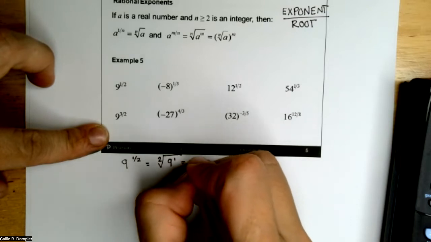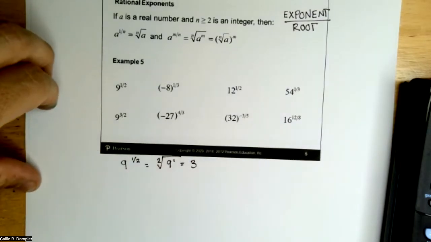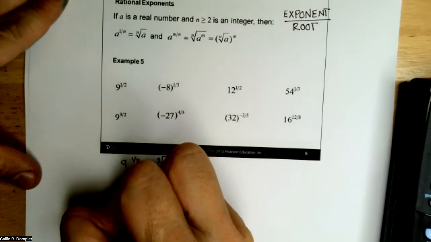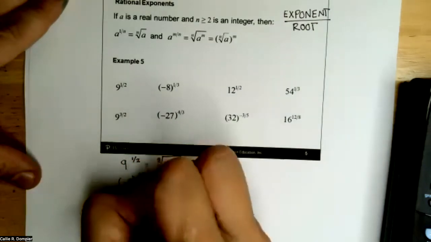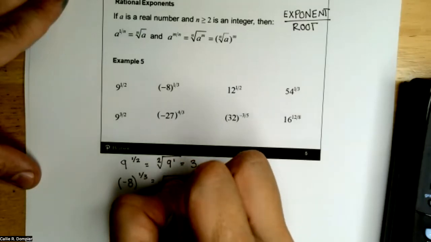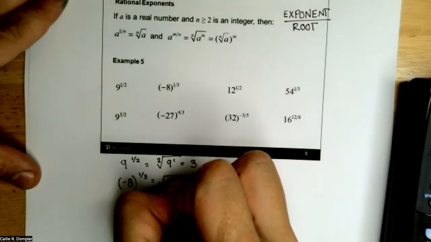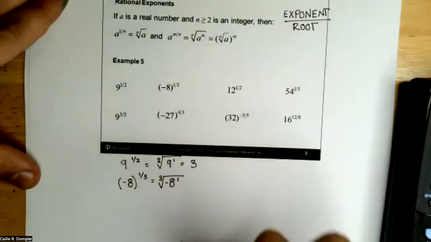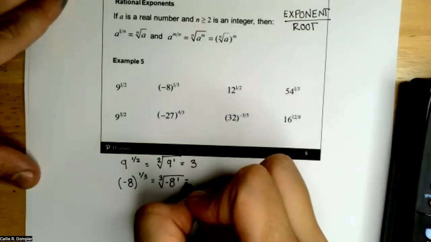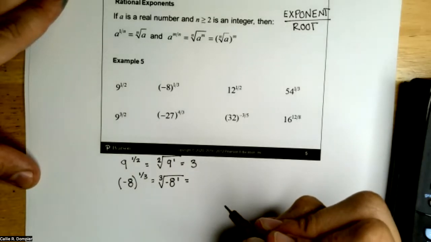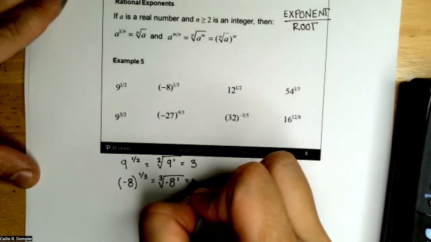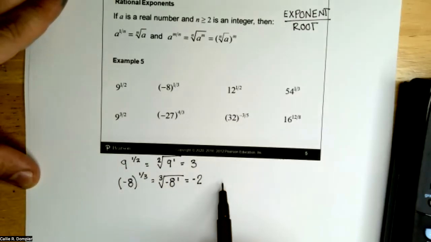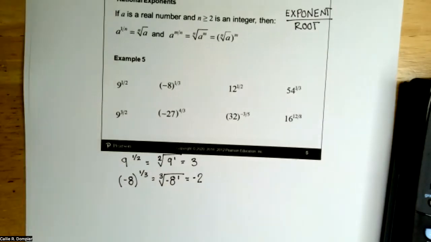So the square root of 9 is 3. -8 to the 1/3 is still -8. The top number is your exponent, the bottom number is your index. The third root of -8 is -2, right? Because -2 times -2 times -2 is -8.